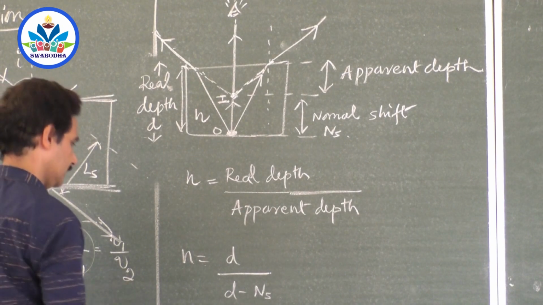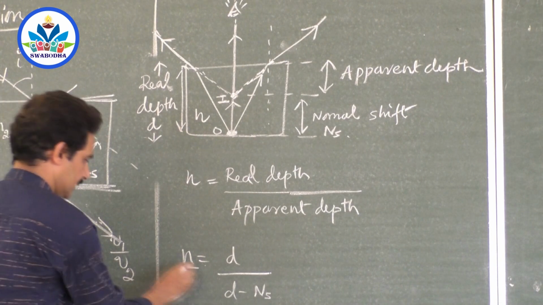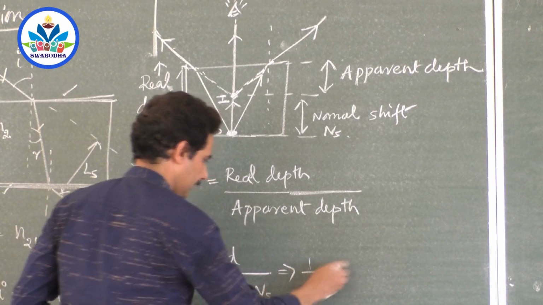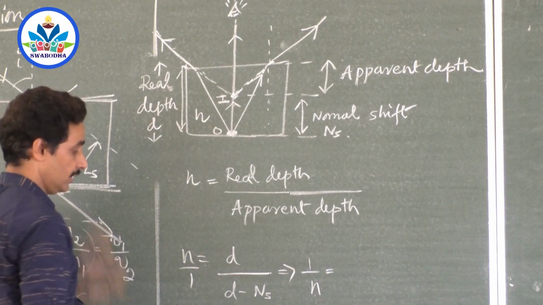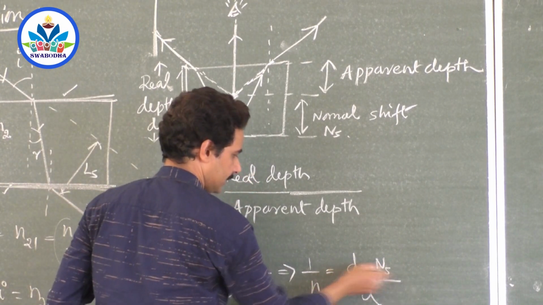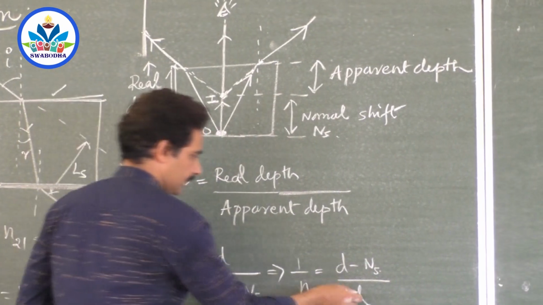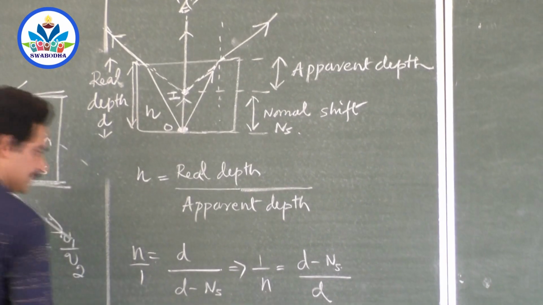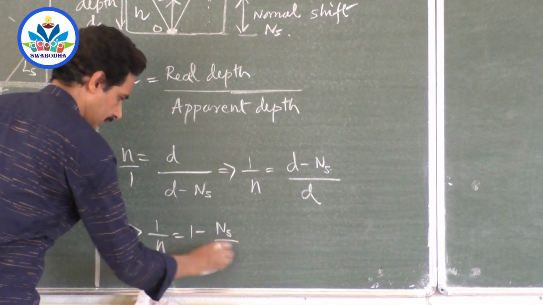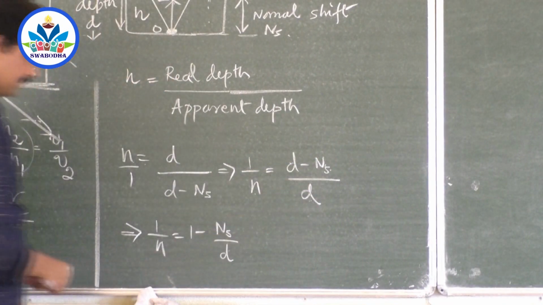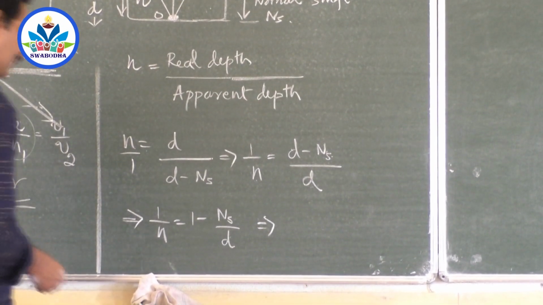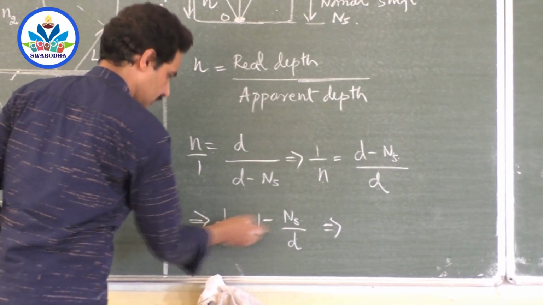Now if I continue, I will invert the formula. So 1 by n, 1 by the refractive index of the medium where the object is present, is equal to D minus ns by D, real depth minus normal shift. Now if you divide this by D, 1 by n is equal to 1 minus normal shift by real depth, D by D minus ns by D. I will bring ns by D to this side and 1 by n to the other side.